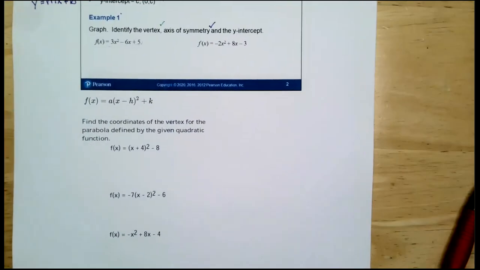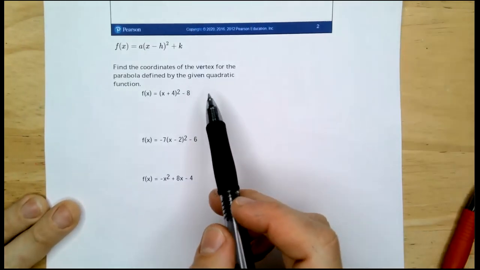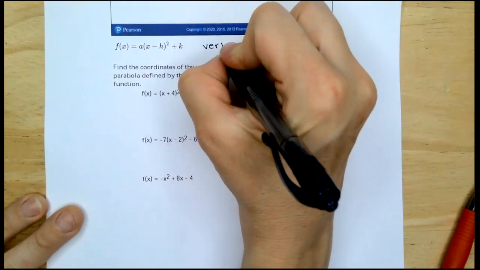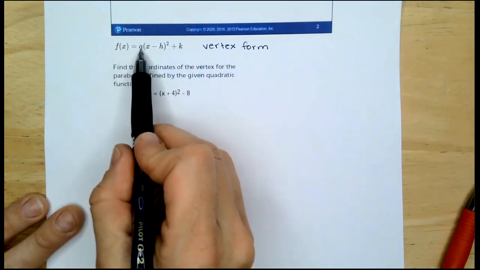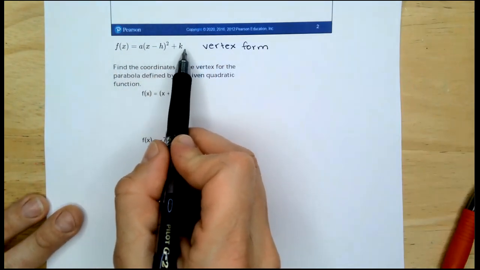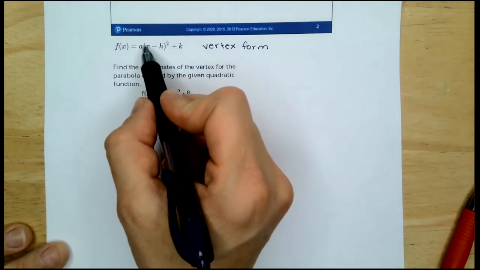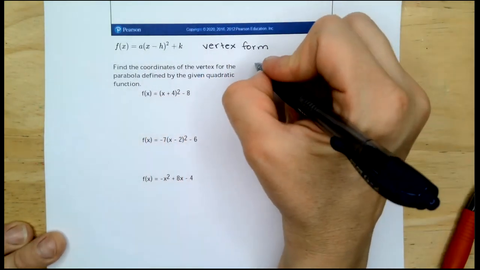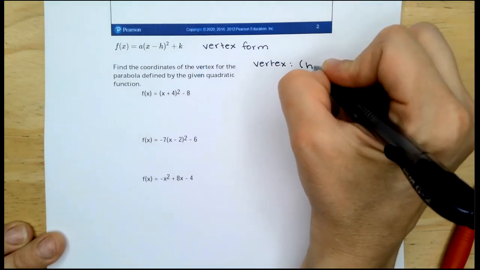If you see a quadratic equation in this form, remember, this is called vertex form, because it gives you the x and the y value of your vertex just by looking at it. It's a times the quantity x minus h squared plus k, and your vertex is just (h, k).